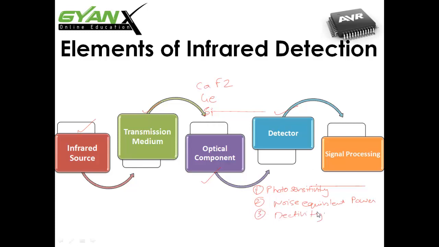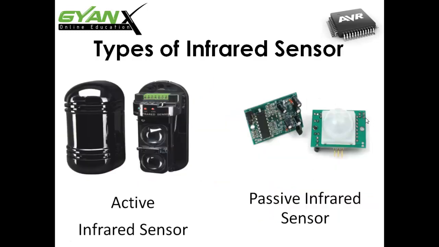So on these three things the infrared detector works and depends. Next, we have signal processing. Since detector outputs are typically very small, preamplifiers with associated circuitry are used to further process the received signal. So in this way the elements of infrared detection work.